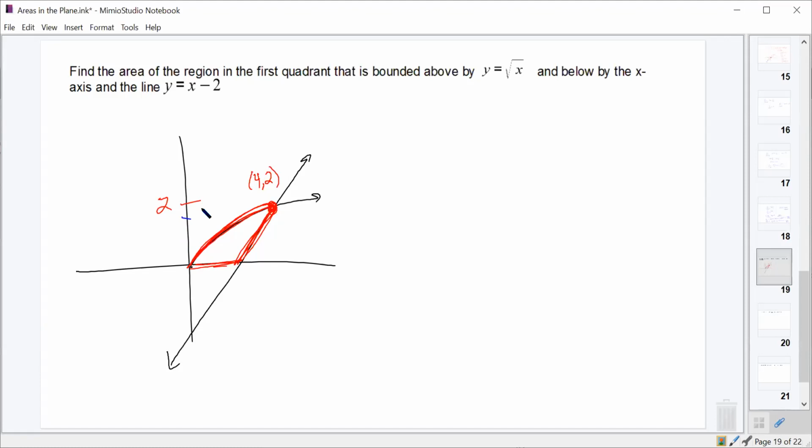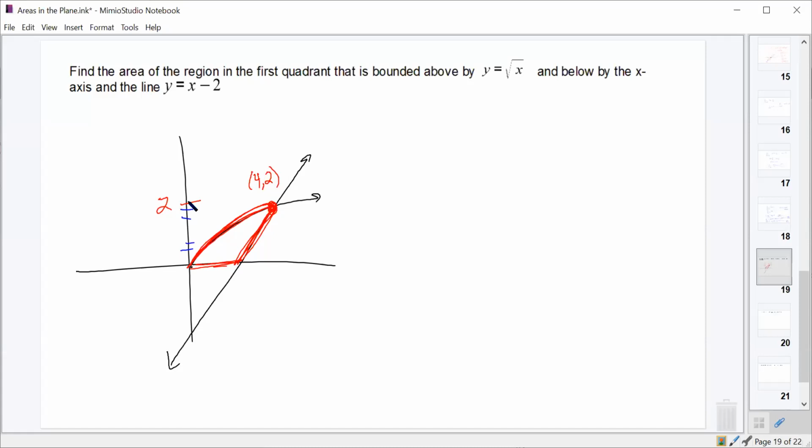x minus 2. x minus 2 is, right? Yeah, I would agree. What about here? Still x minus 2. What about here? Still x minus 2.